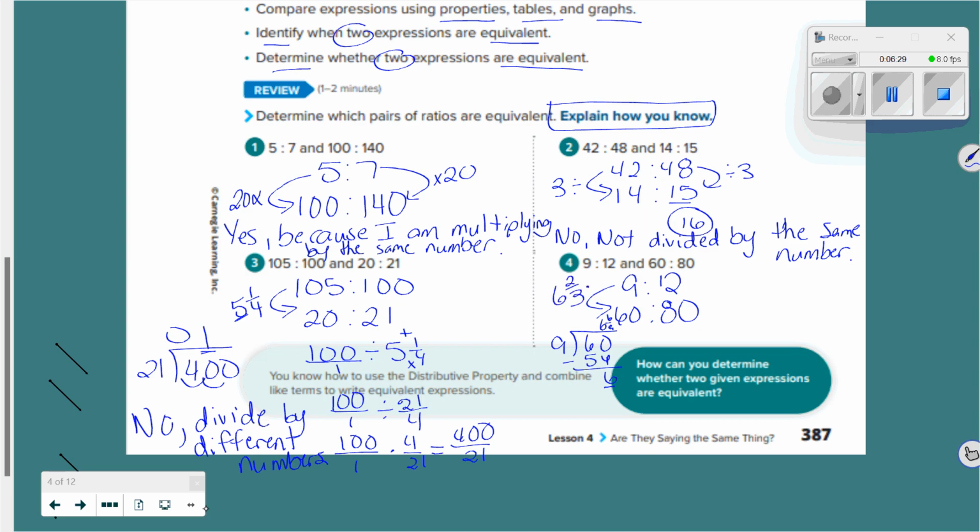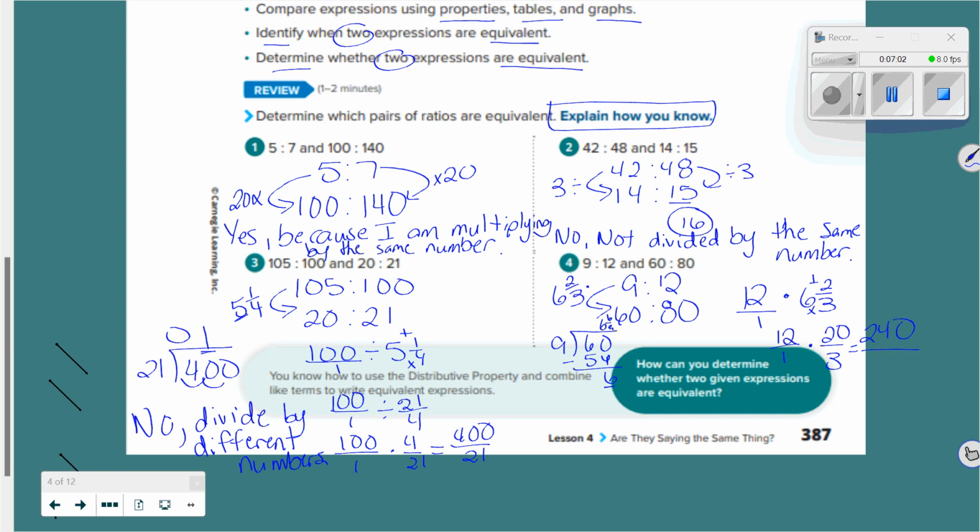Let's see if 12 times 6 and 2 thirds gives me 80. What do I do? You have to make it an improper fraction. 3 times 6, 18, plus 2, 20. So I get 12 over 1 times 20 over 3. 12 times 20? 240. 12 times 2 is 24.